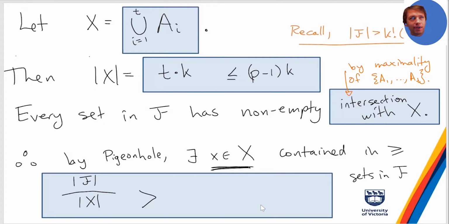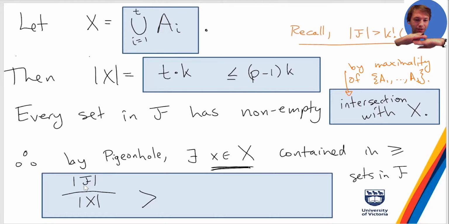Basically every set in F contains one thing in X. It might contain more, but it contains at least one. If I count up, for each x in X, how many sets it is contained in, that's going to add up to at least the size of F, because everything in F contains one of them.